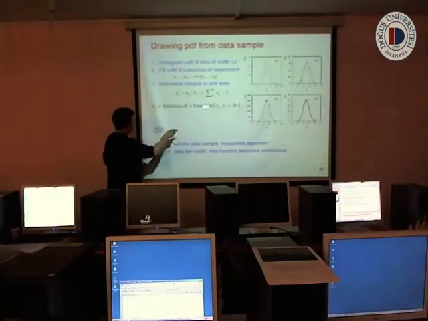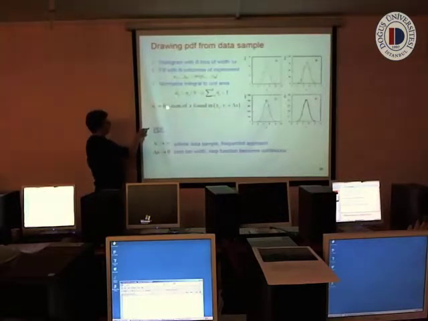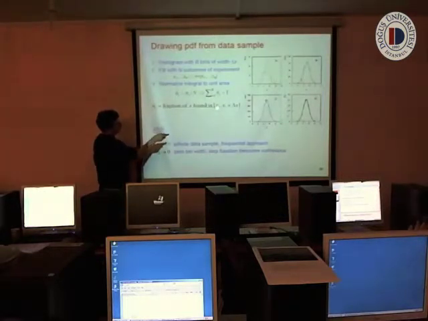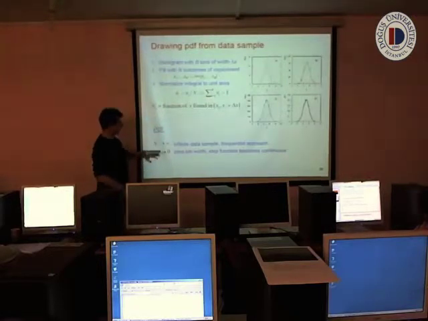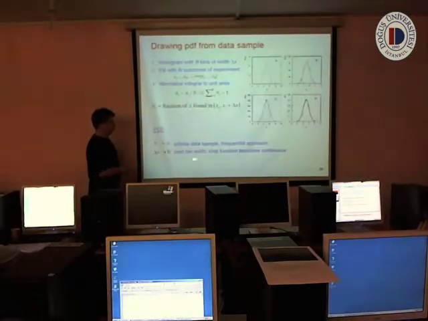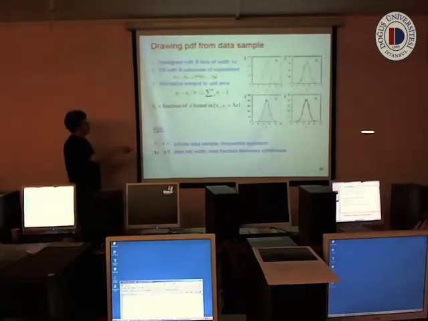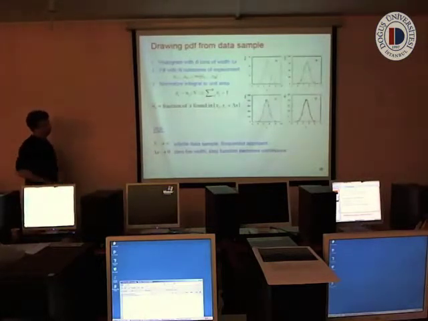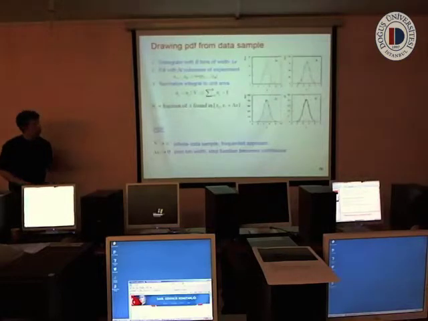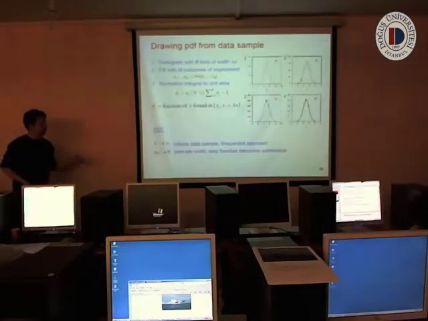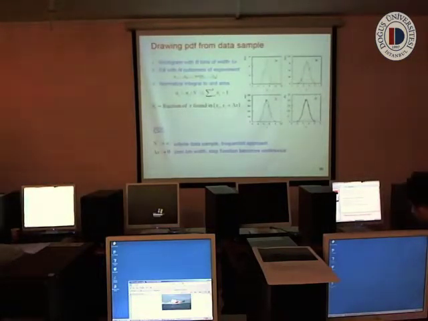In the end, Ni is the fraction of events found in a region, as we have defined before, and you make this delta x go to 0, while the number of events that you put in goes to infinity. In the frequentist approach, that defines the PDF of the underlying process. But since we don't have infinite data, we have to use approximations.